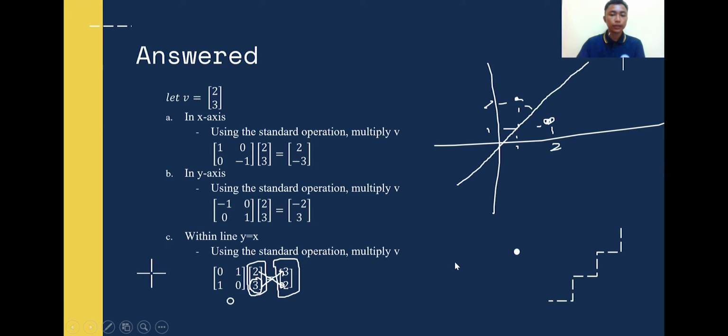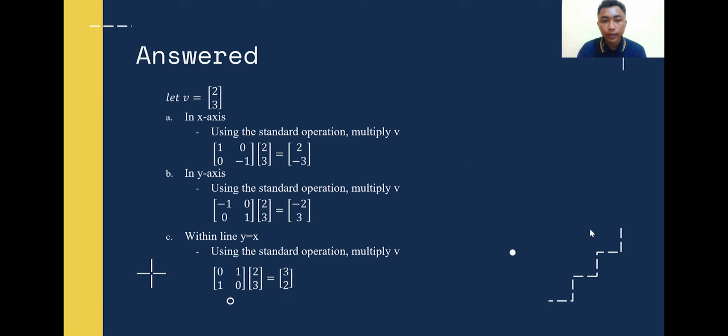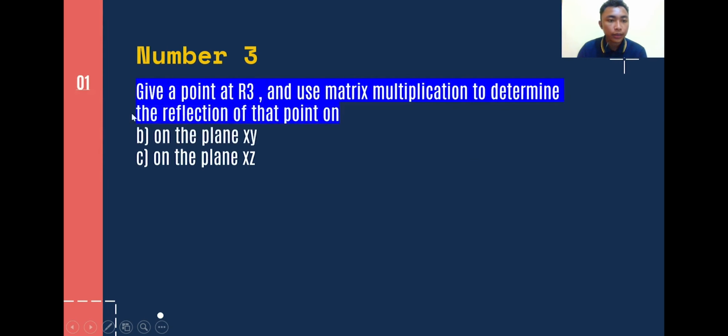So I think that from number 2, that's enough from my explanation. And the next is number 3. Given a point in R3, use matrix multiplication to determine the reflection of that point on the plane x, y, and also on the plane x, z.